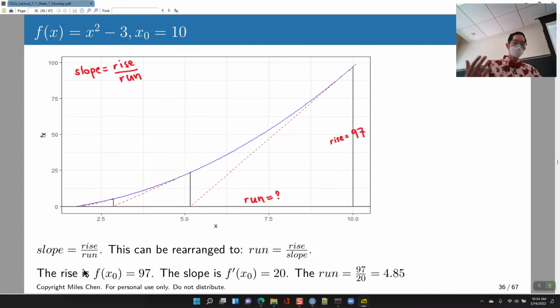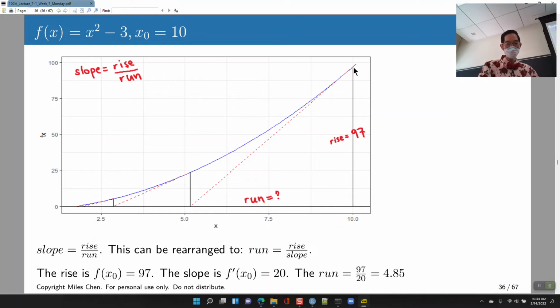So how do we find what this next value is going to be? If you think about what your slope is equal to, it's rise over run. And so we can find the value of the rise very easily. You just plug your value x0 into the function, and you get 97.